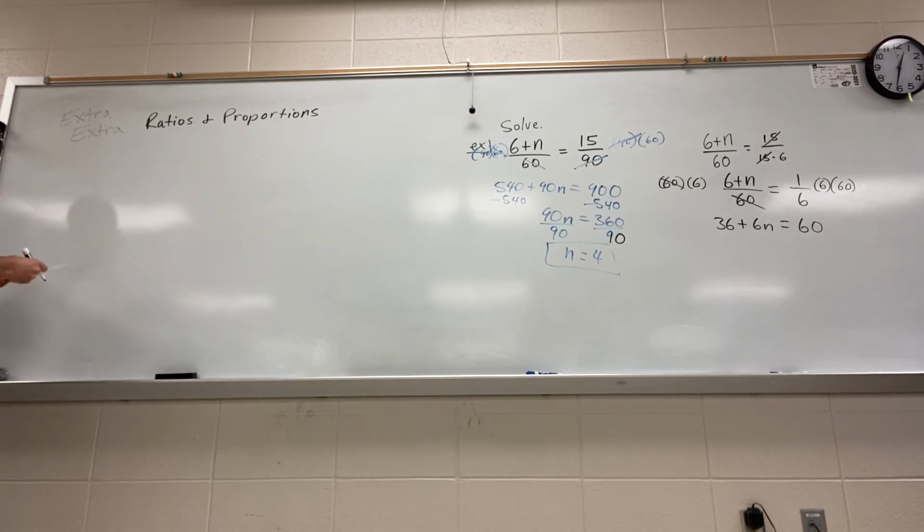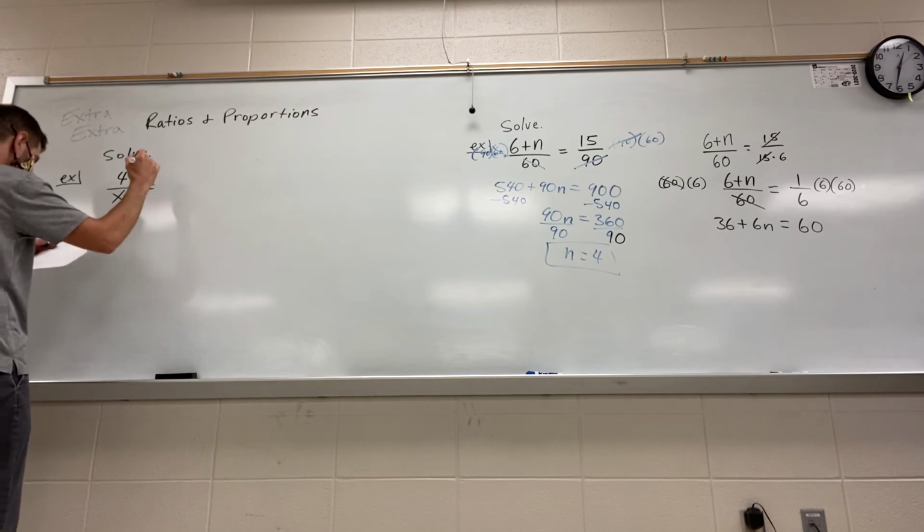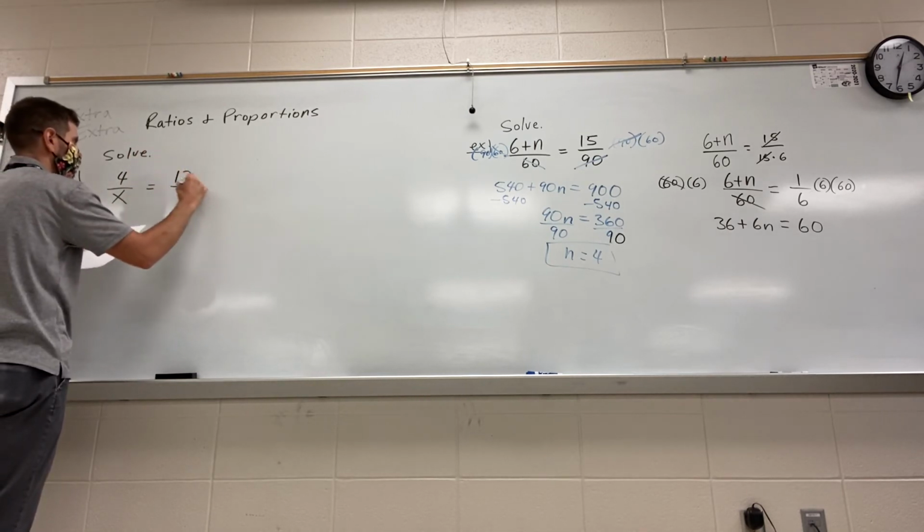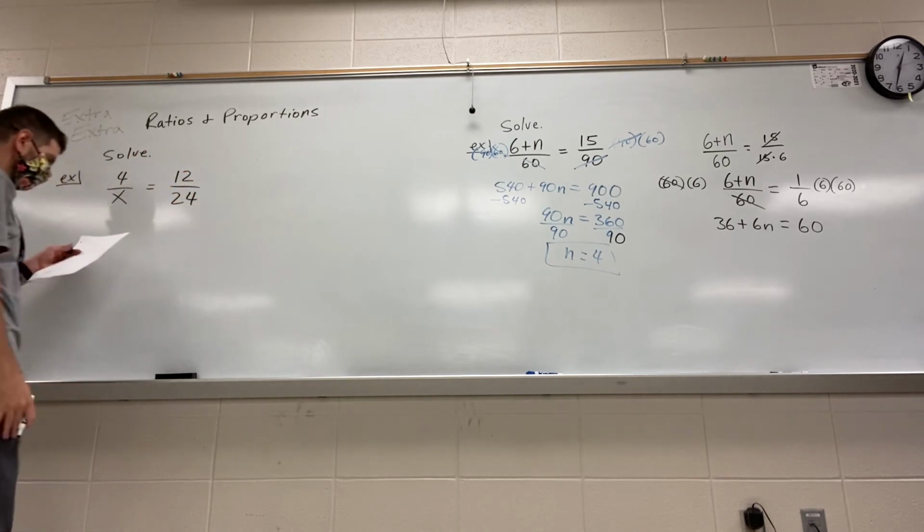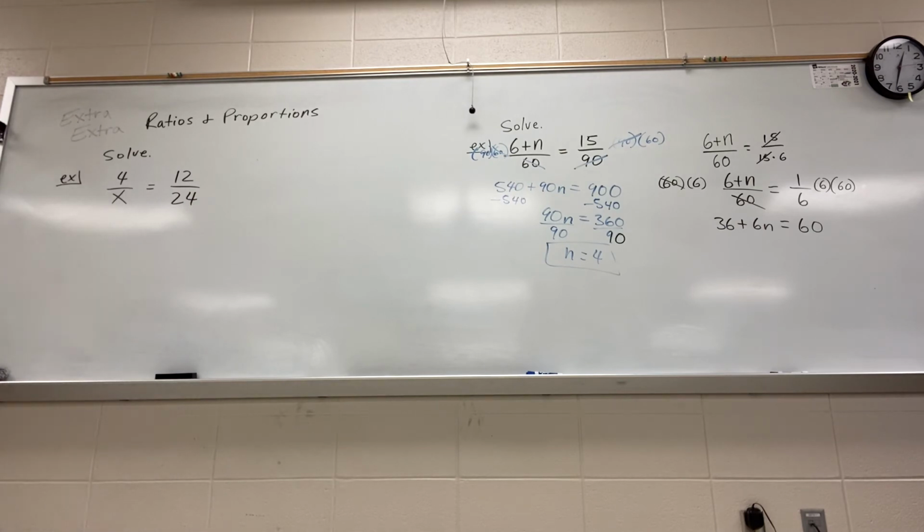All right, ladies and gentlemen, take a look. We're still solving, and we've got 4 over x is equal to 12 over 24. Now, Tiger might be looking at this and saying, "Oh, I've got this figured out because I know how to go from here to here."